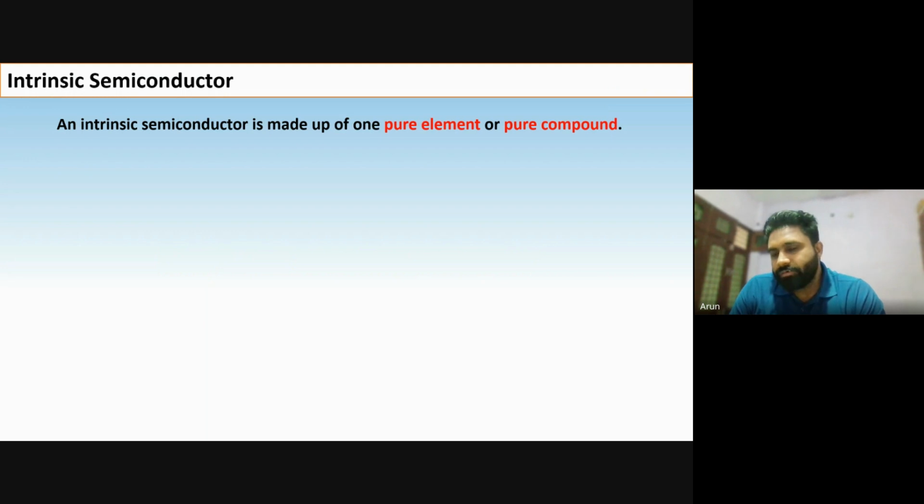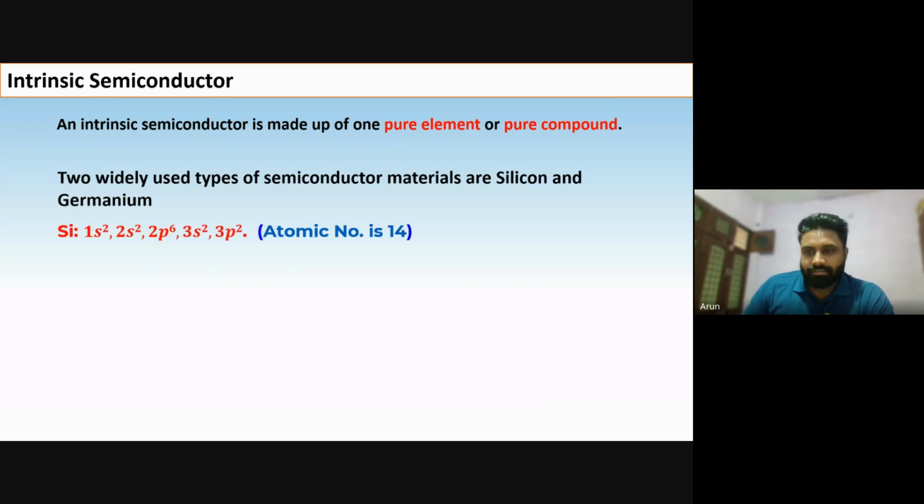Those semiconductors found naturally on the earth's crust or surface are called intrinsic semiconductors. For example, silicon and germanium. These are tetravalent elements, which means they have a valency of 4. So silicon and germanium are tetravalent.